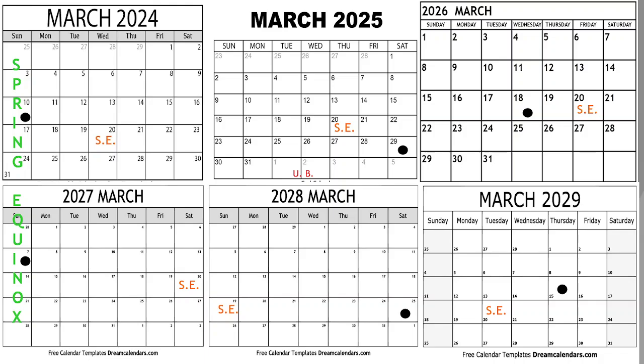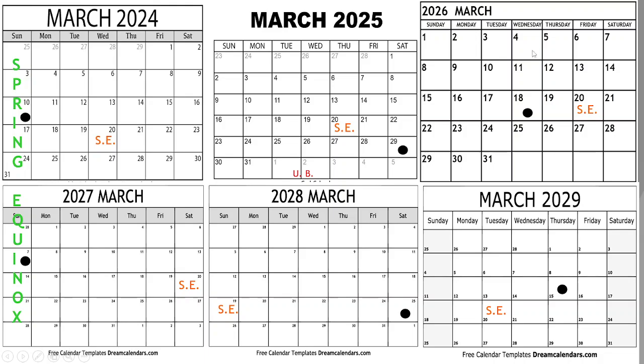What you're looking at now is an illustration of how the spring equinox comes up over the next 6 years, starting in March 2024. If you look at March 2024, on Wednesday, March the 20th, that's when the spring equinox is seen. March 2025, Thursday, March the 20th, the spring equinox shows up.